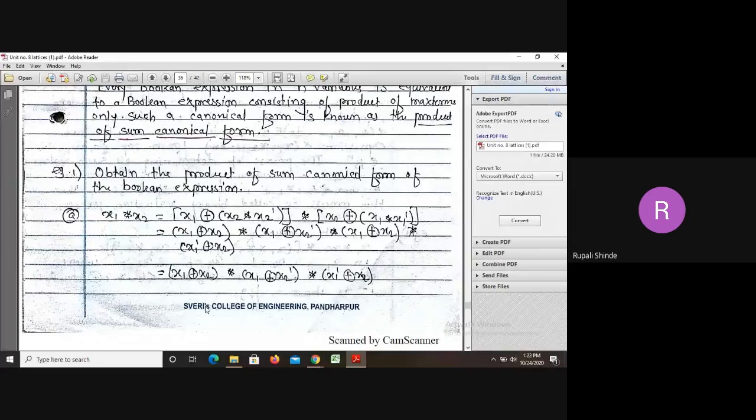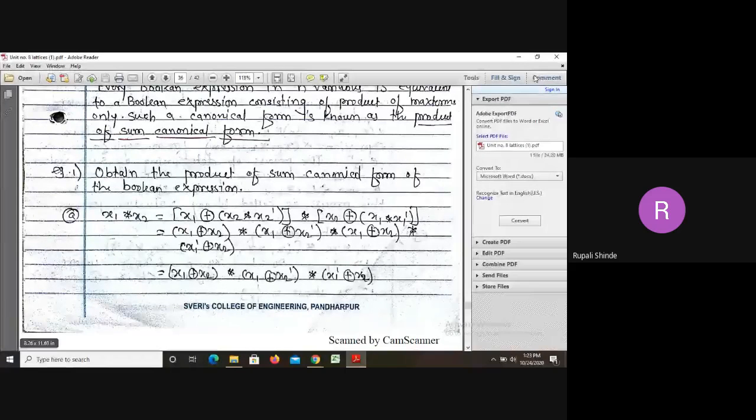Likewise here, we have to consider the value 0 in the last column. If your last column has 0, only then will we check the respective values of x1 and x2. From that we have to define max terms, and then find the product of sum canonical form. Can you solve this example using a truth table?